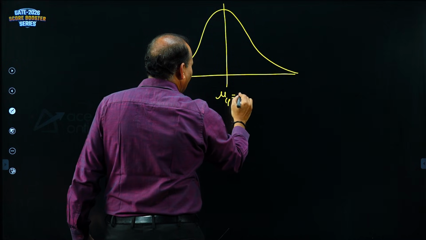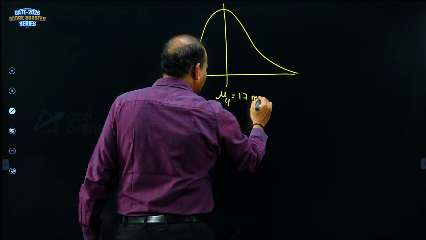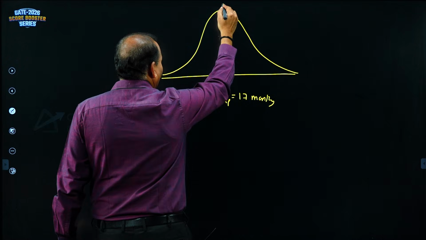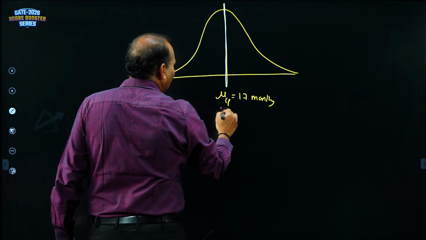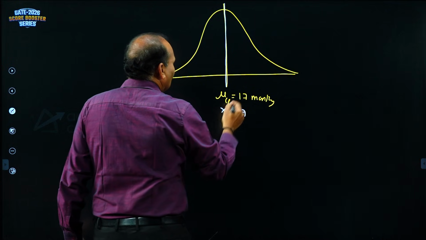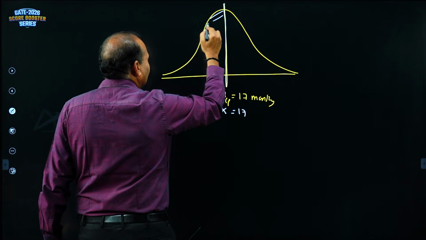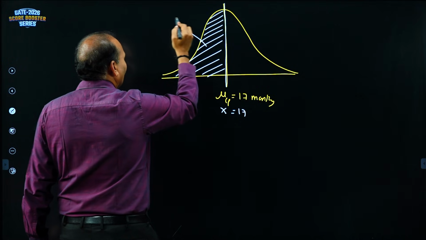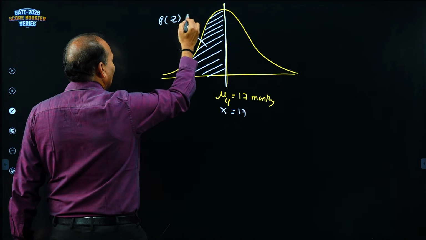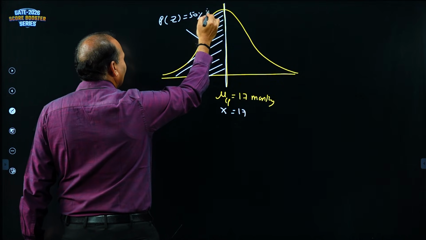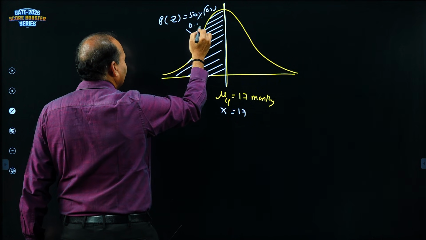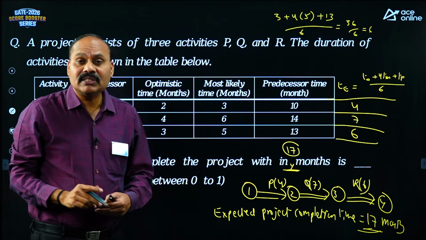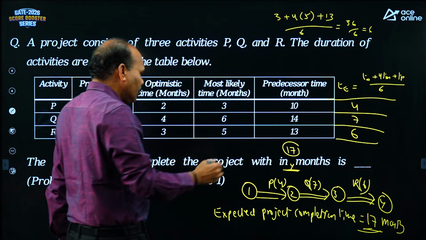Mu Cp is equal to 17 months. The given x value is also 17. So what is the probability? It is matching with the critical path. The probability Pz is equal to 50% or 0.5. The probability to complete the project within 17 months is 0.5.